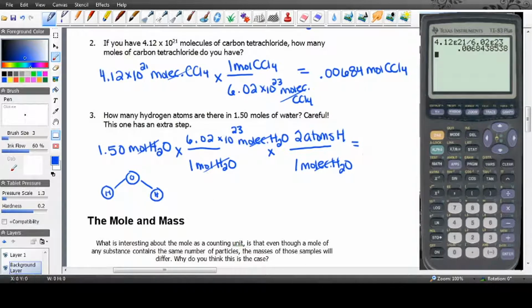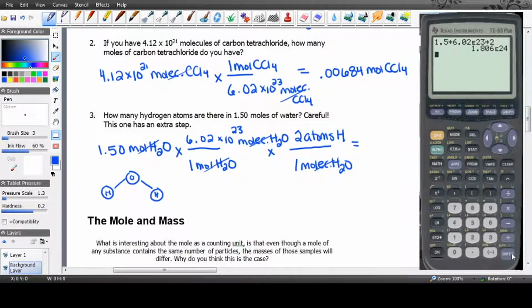And so to my calculator, to calculate how many hydrogen atoms that is, I'm going to go 1.5 times 6.02 EE 23. Oh, times 2. Almost forgot.